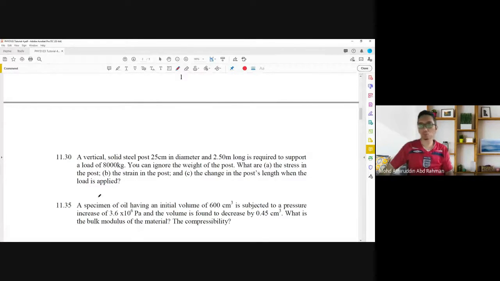So 0.25 times the strain that you obtained in B. So you obtain minus 2 times 10 to the minus 5. So that's the answer for C.